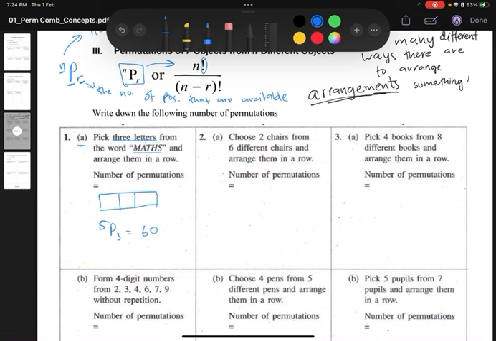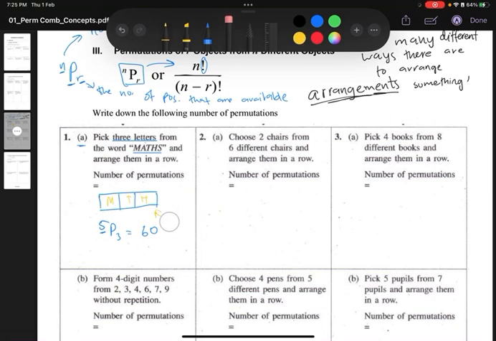So it looks like a big number for only 3 letters, but remember, you're choosing it from 5 different options, and let's say you choose the letter M here, T here, H here, and only using these letters you can permutate them and have THM or TMH, and actually 6 for only these 3.